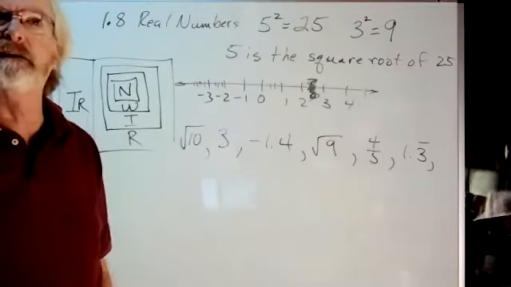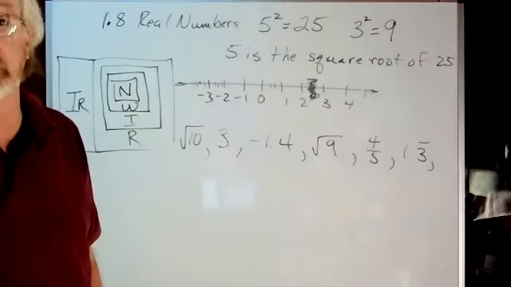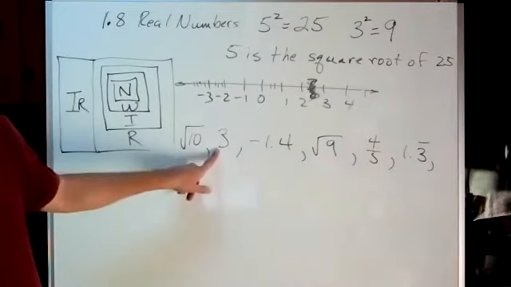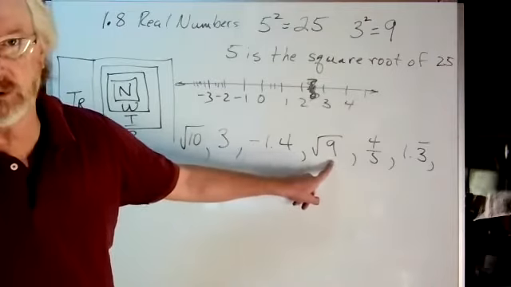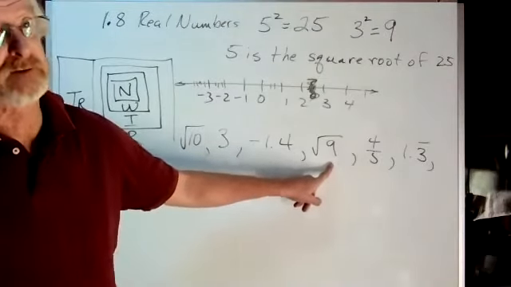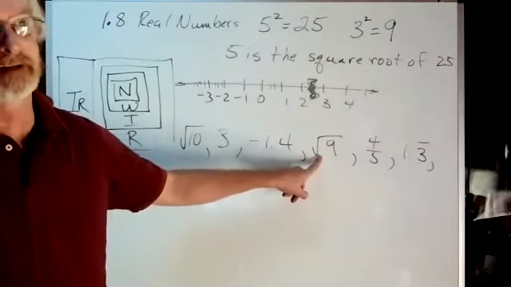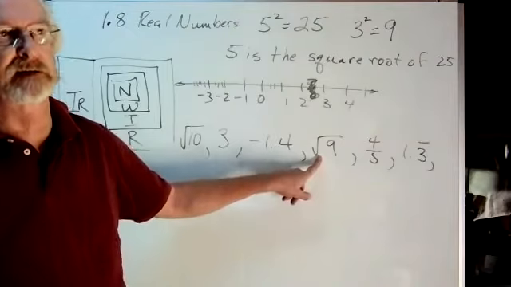Which ones can you make into a positive integer, whole number, or an opposite, an integer? Positives or negatives? Well, 3, that's an integer. Not kind of boring, but the square root of 9 is a 3. So this is also an integer. Again, it's not obvious from the way it's written, but it can be simplified to an integer.